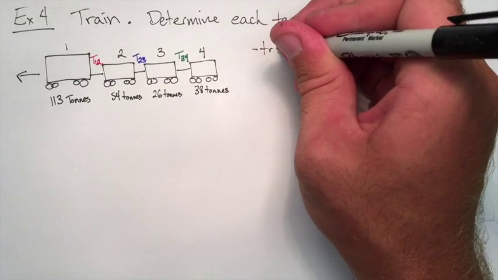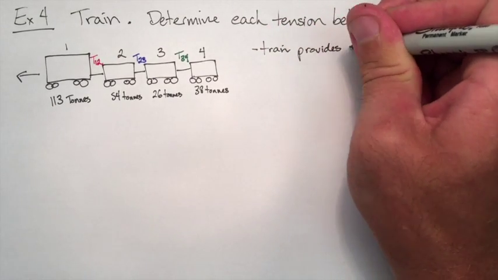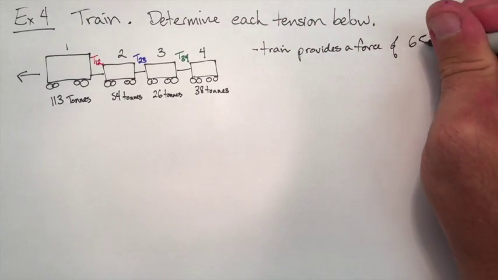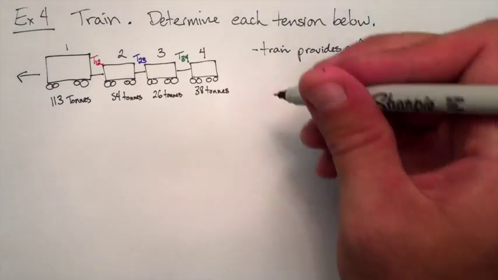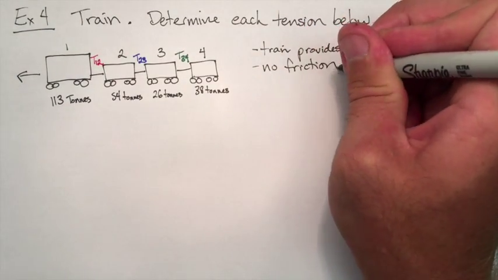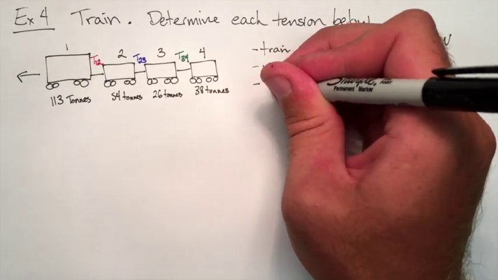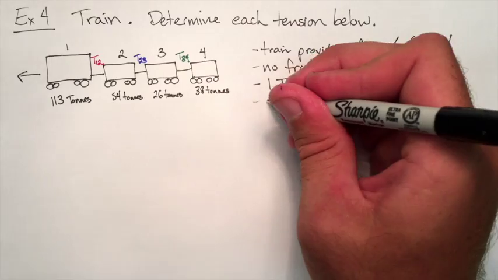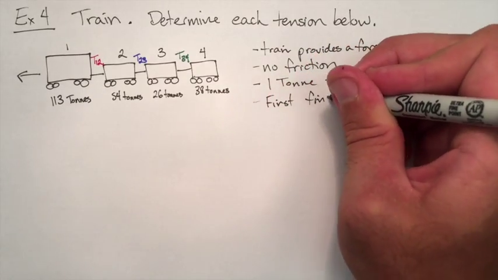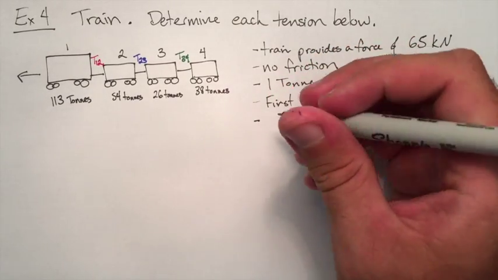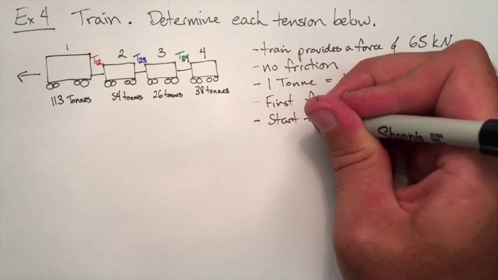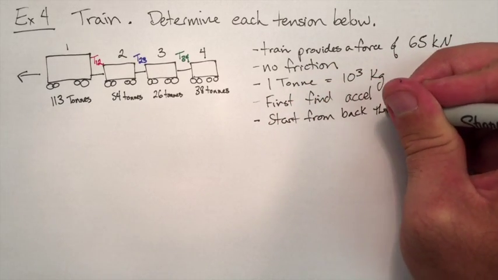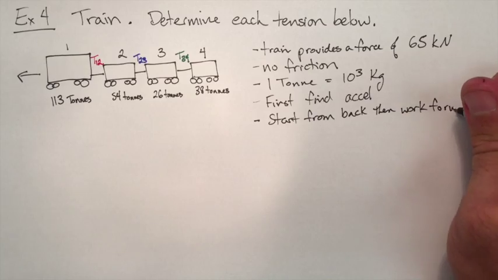Okay, some more information about the train. The train's going to pull with a force of 65 kilonewtons, so basically that's 6,500 newtons. There's no friction. The conversion for a ton is 1,000 kilograms. What we need to do is first find acceleration, and then again, just like our other problem, we're going to start from the bottom or start from the back and then work our way forward.